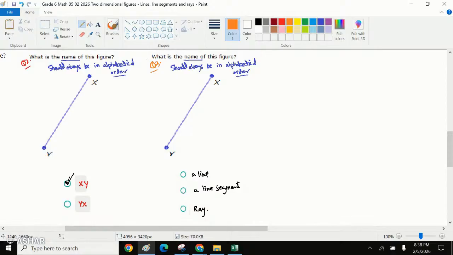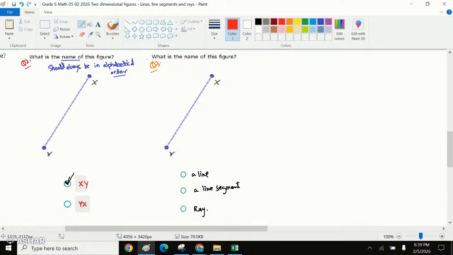We have to follow the options. If the options were X, Y, and Y, X, then we just label the alphabets, but in alphabetical order, right? But if they have different options and they're asking us, what is the name of this line, this segment or this shape, this figure, then the next question we have to see is, could it be a line?